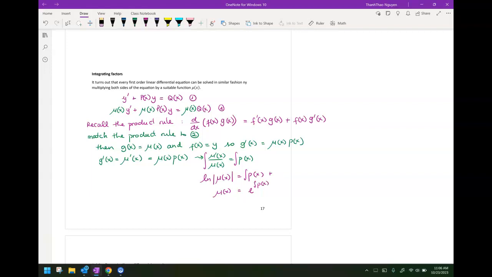Since that's an integral, let's not put the c there. I can drop the absolute value because e to the exponent is never going to be negative. So we would choose the suitable integrating factor as e to the integral of p(x) dx.